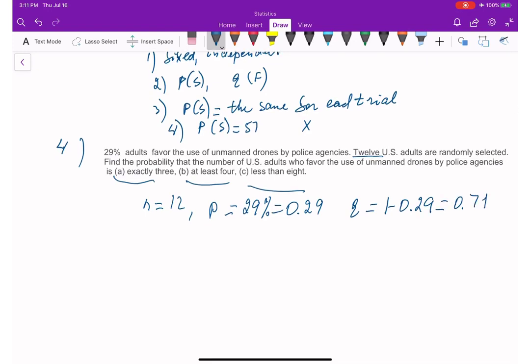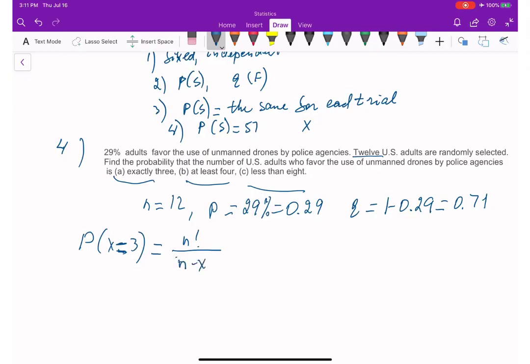Okay, so let's find the probability of success for three people. Find the probability of the number of U.S. adults, so three people favor. Okay, so remember the formula, n factorial, and the link I posted at the beginning for this binomial distribution.